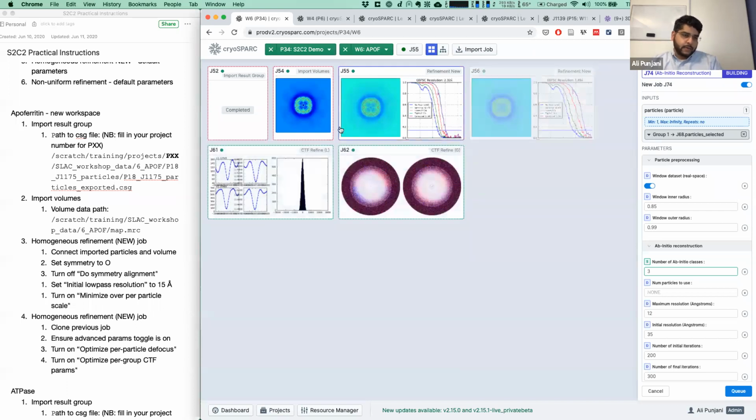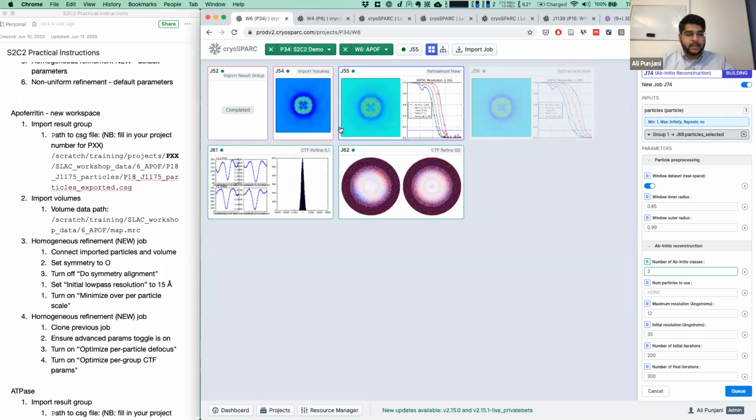The first one, first of all, I should mention that these particles, originally we processed them in CryoSPARC and we used patched CTF estimation, which meant that each particle had actually its own defocus value based on the defocus landscape from patched CTF. And it turns out that that's already a very good CTF estimate. So with those CTF estimates, we were getting extremely high resolution results already, and the difference after doing CTF refinement was minimal, especially for the smaller subset of particles.